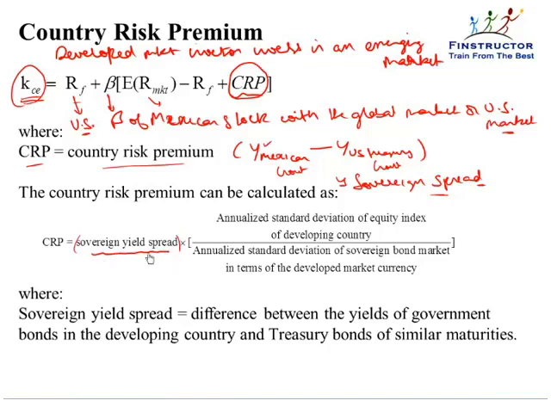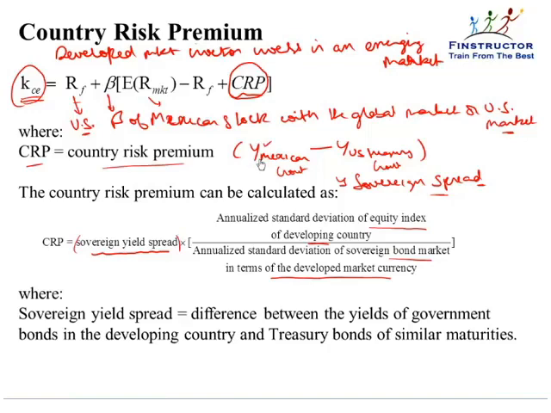So see how risky the debt is and then multiply it with the standard deviation of the equity index of Mexico upon the standard deviation of the sovereign bond market of Mexico in terms of US dollars, or in terms of the developed market currency.